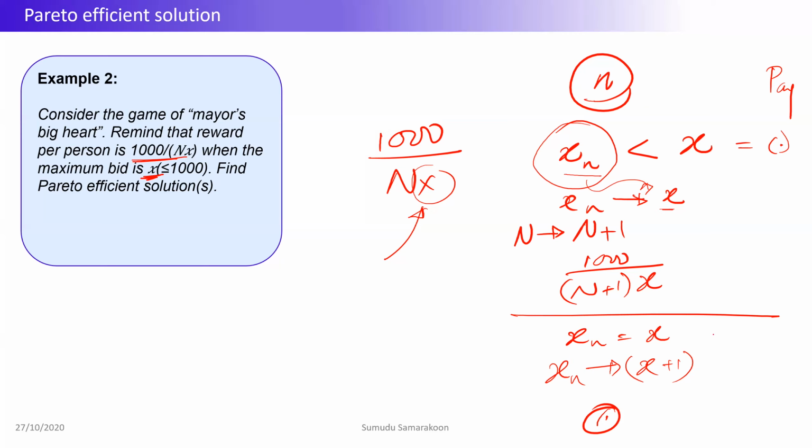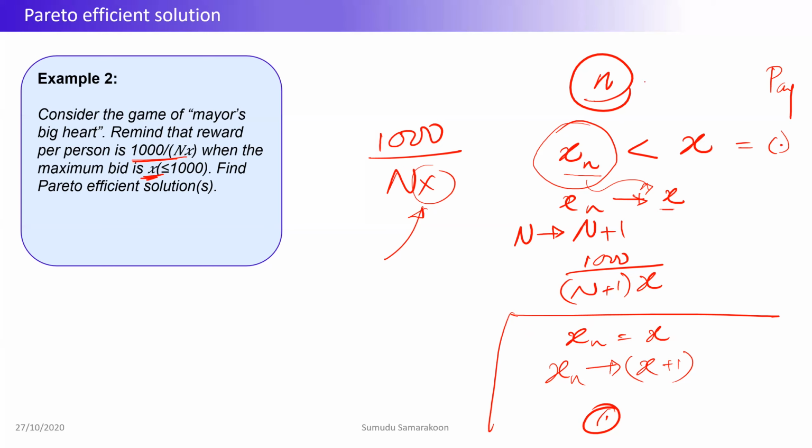So basically this says whatever choices the winners have made, they are Pareto efficient. They can't deviate without causing trouble to others.